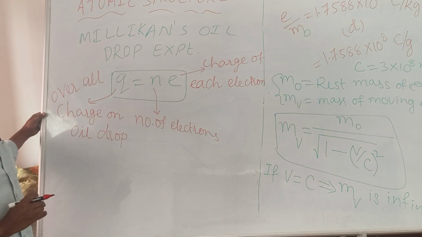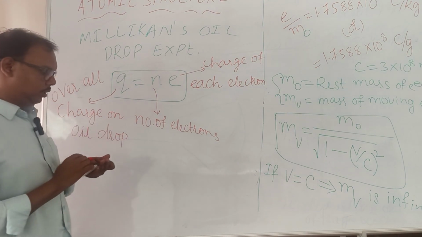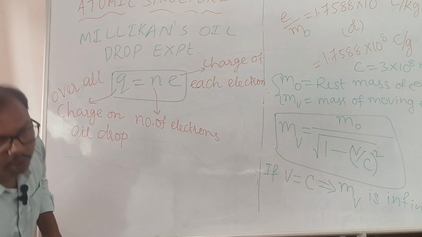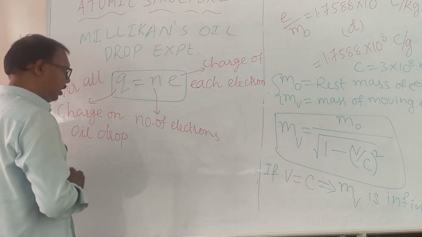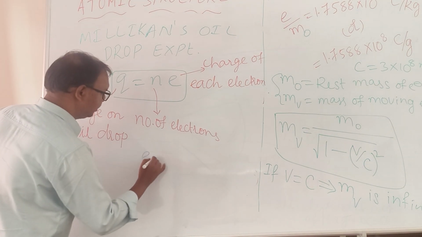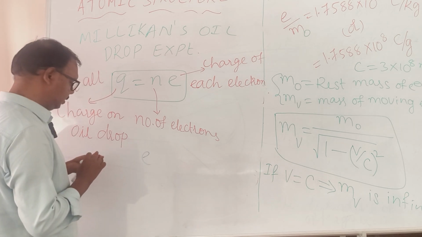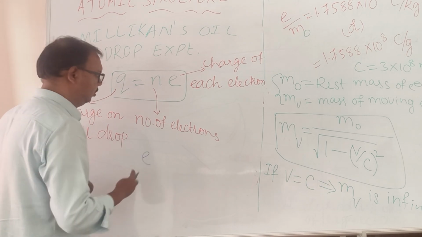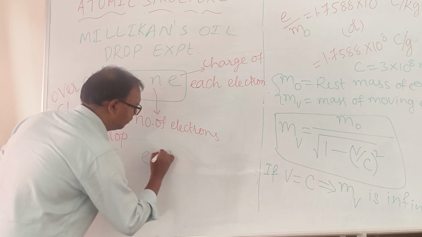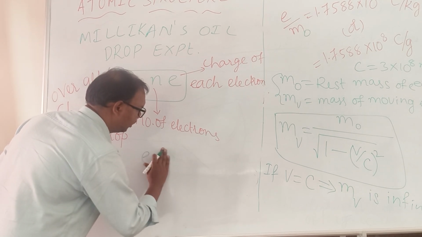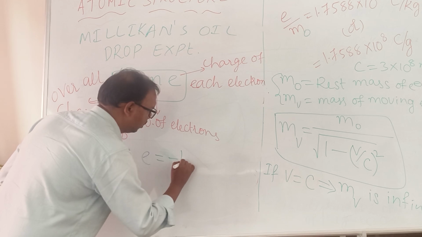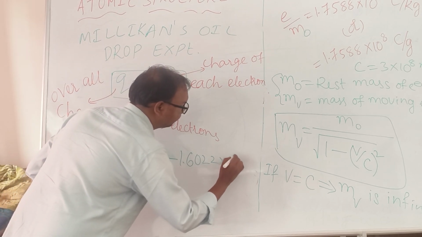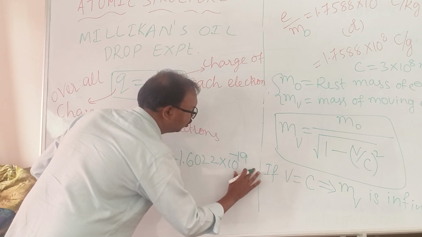Now, the charge of each electron, how much? He was able to determine the value of the charge of the electron: e is equal to minus 1.6022 into 10 power minus 19 coulombs.